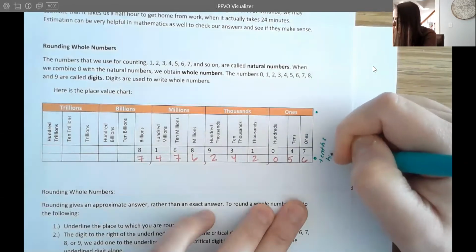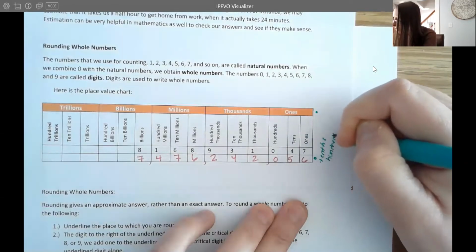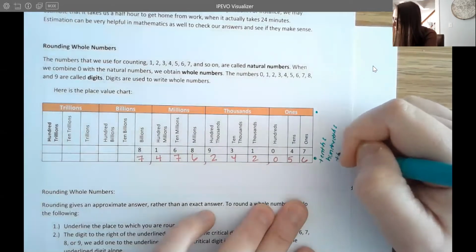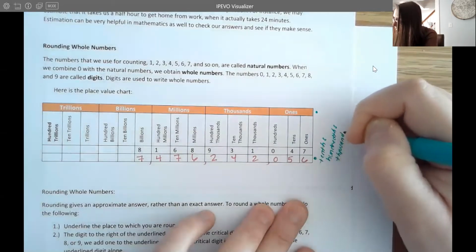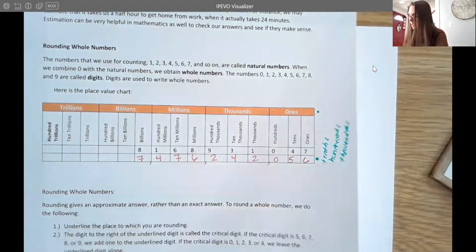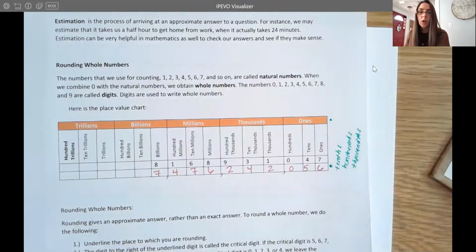Then you're going to have the hundredths place. Then you're going to have the thousands place. And those tend to be the most common of the decimal places. You can go further. So next would be the 10,000ths, 100,000ths.